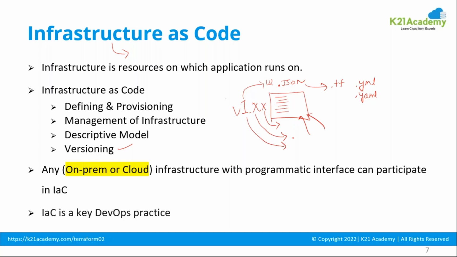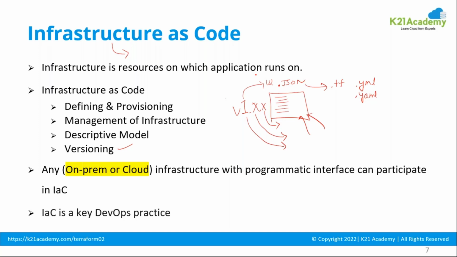Any infrastructure, be it on premises or on cloud, can be managed using this approach called IaC. It's becoming more popular towards cloud nowadays because most organizations are opting for the cloud, for reasons like cost, high availability, and fewer mundane tasks to manage.